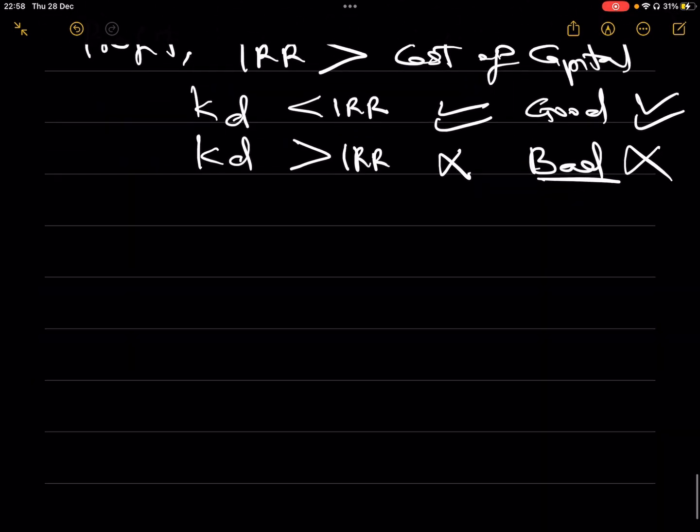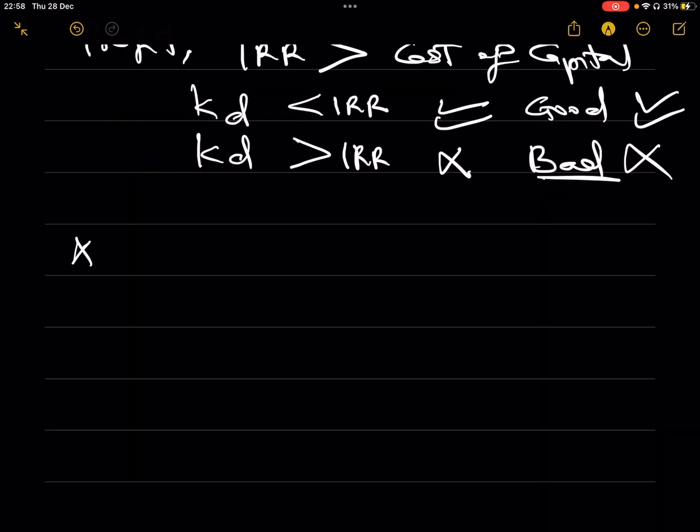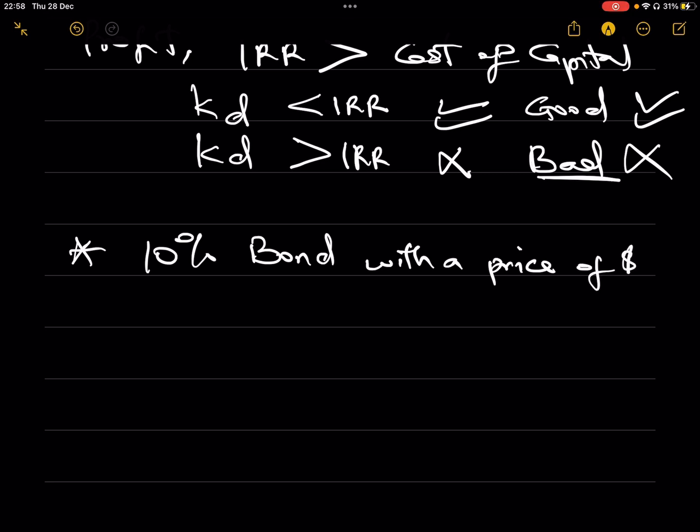Very important. Let's do this calculation to end it. I have a 10% bond. It's a price of $105.